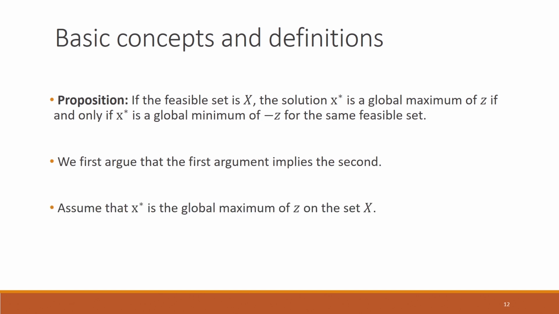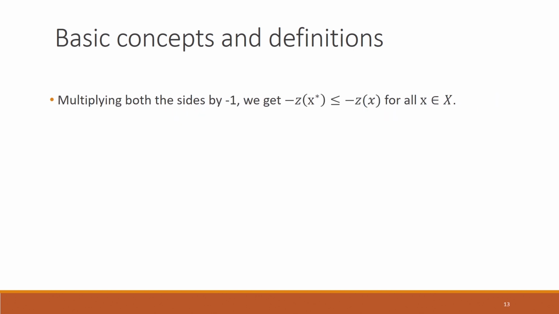Let us assume that x star is the global maximum of z on the set capital X. Then z(x star) is greater than or equal to z(x) for all x that lie in the feasible region. Now, if you multiply by minus 1 on both the sides here, then we will get minus z(x star) is less than or equal to minus z(x), and therefore, x star is a global minimum of minus z.